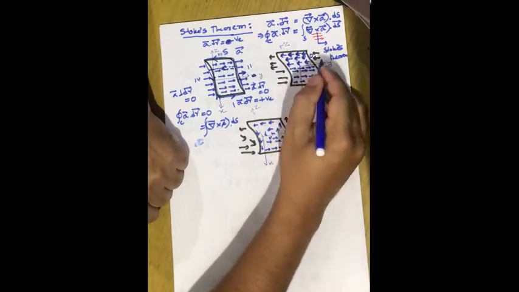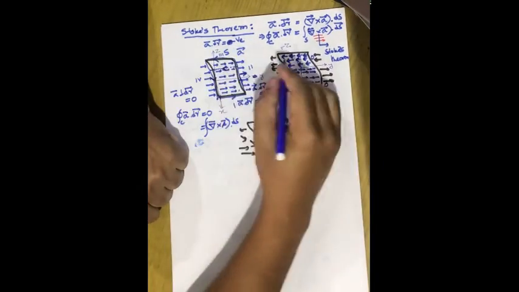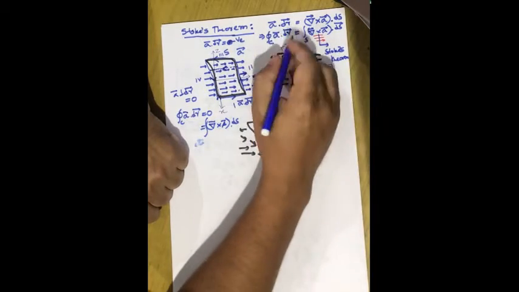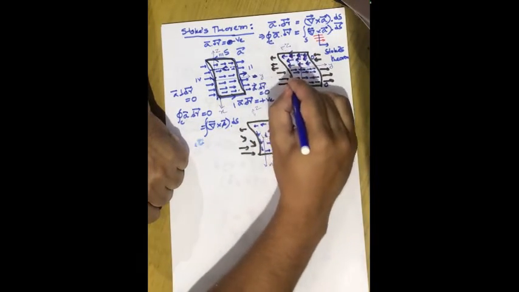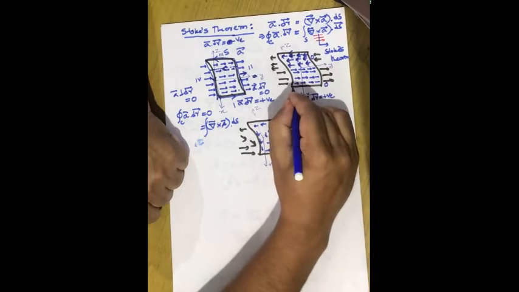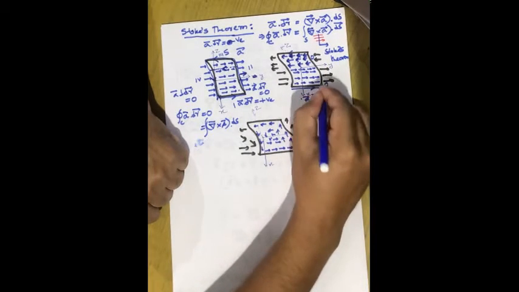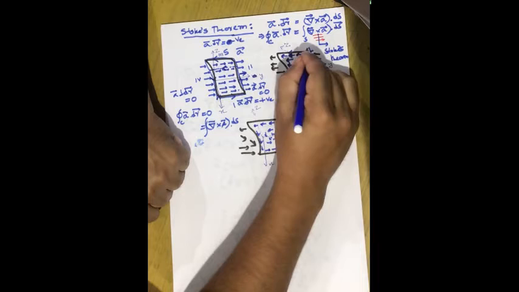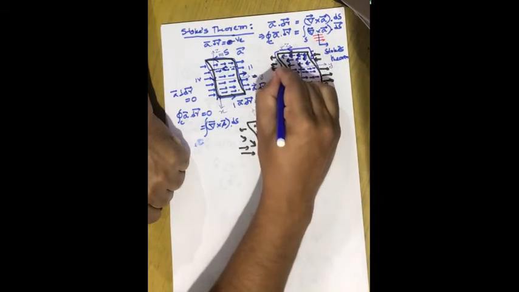This direction we have taken as y, so the vector is pointing towards the negative y direction, and the loop will also be along the negative y, because now the loop is along this direction, then this direction, then this direction, and this direction.